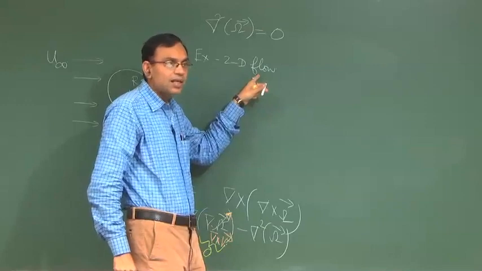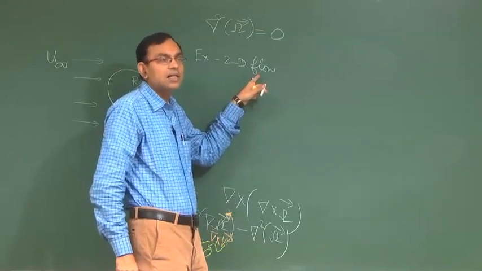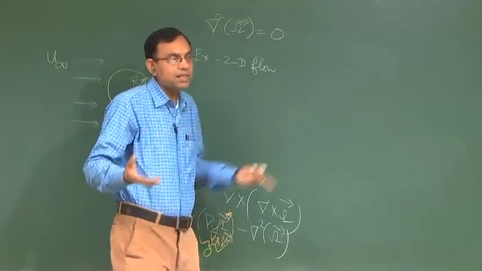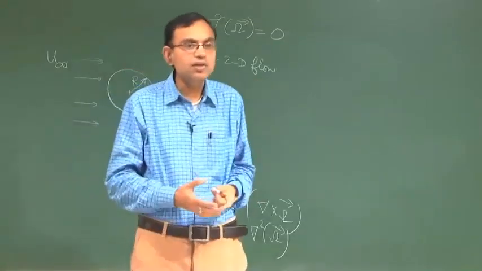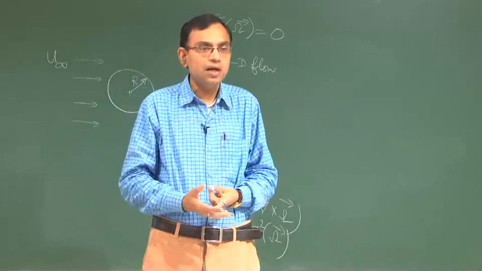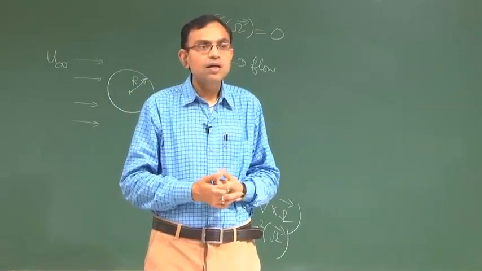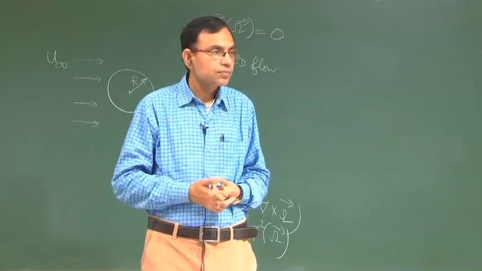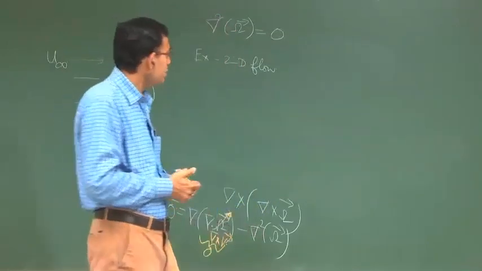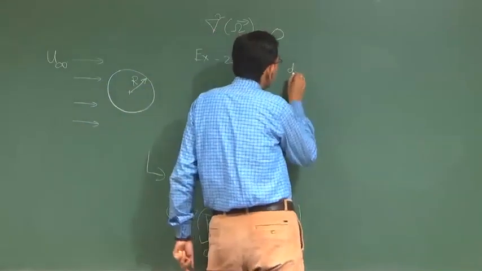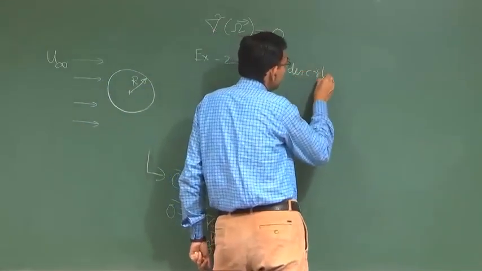But the difference is that this 2D flow may be described in a Cartesian coordinate system, but that is not most conveniently described in a Cartesian system, it is most conveniently described in a spherical polar system. So here we start with an example of a 2D flow described in a Cartesian system.